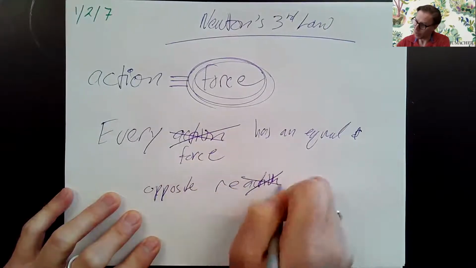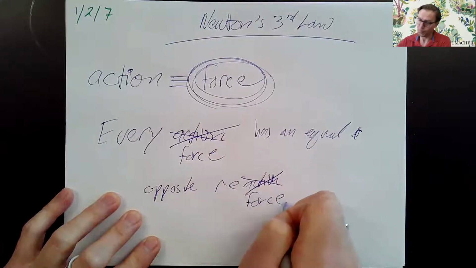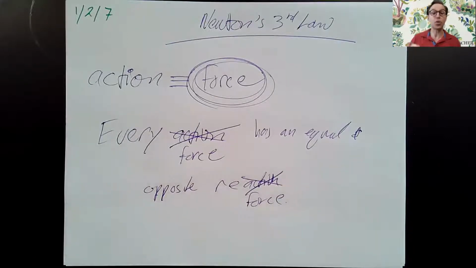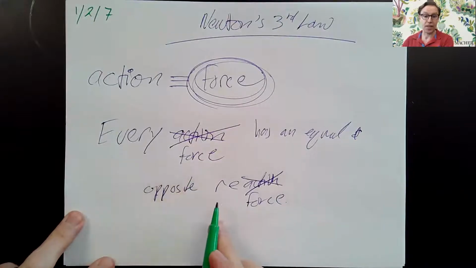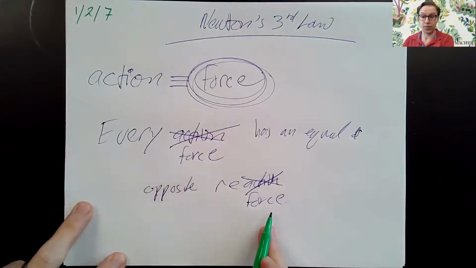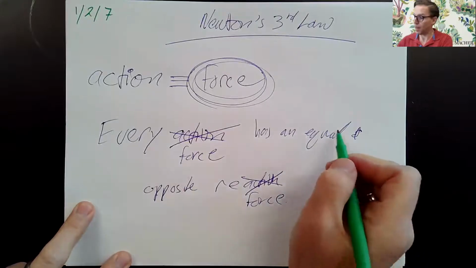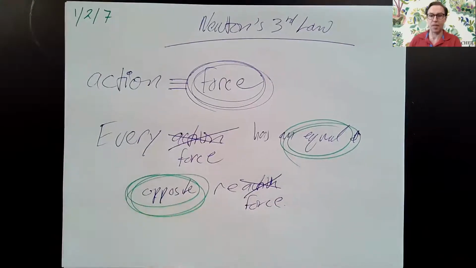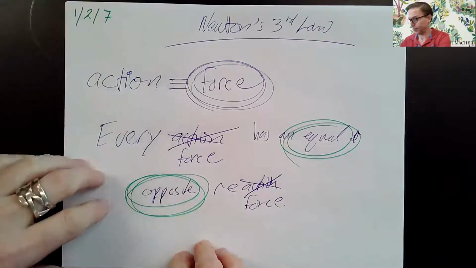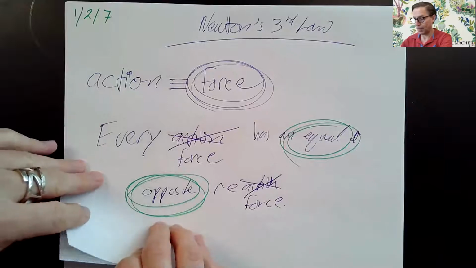And then we're going to cross out action and write force. So there's two things about these two forces. There's the original force, and then there's this reforce. And there's an equality that's true about them, and there's an oppositeness about them. Sounds complicated. It is so not. So let's see what it says.